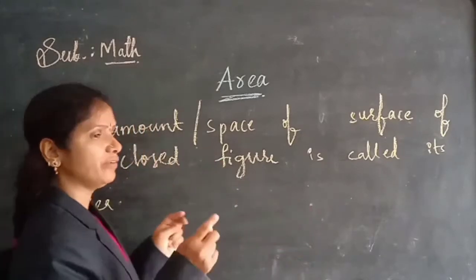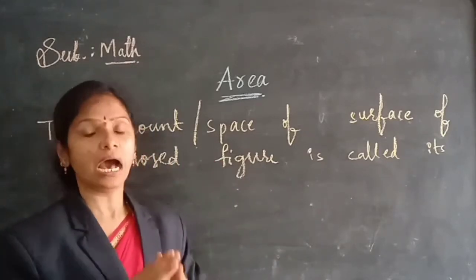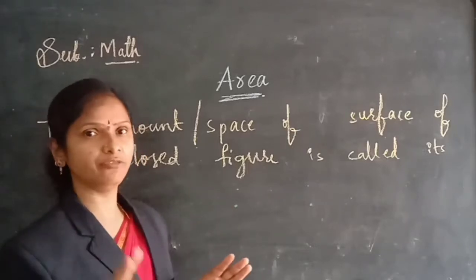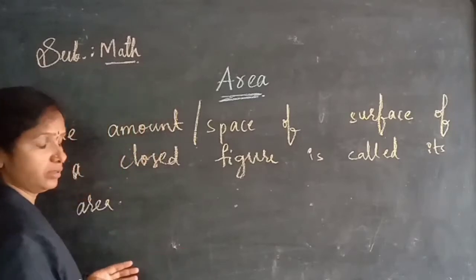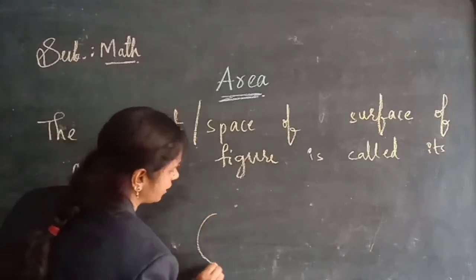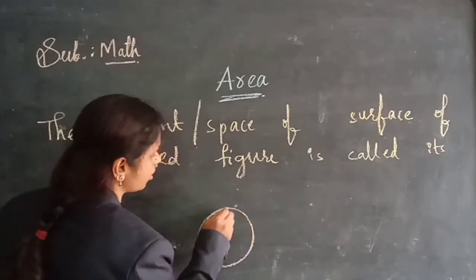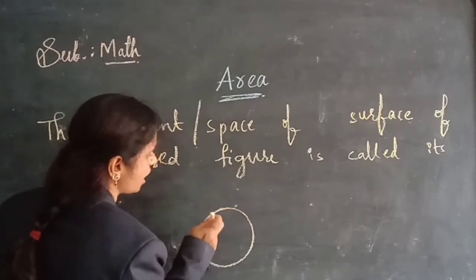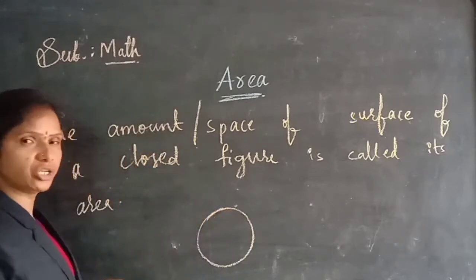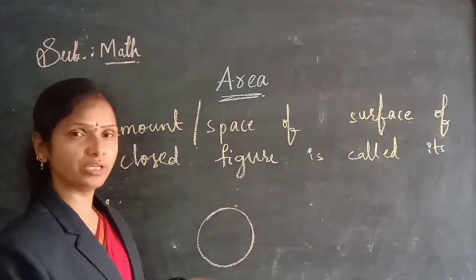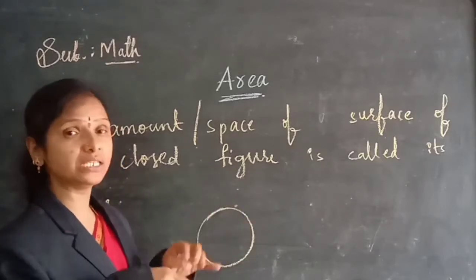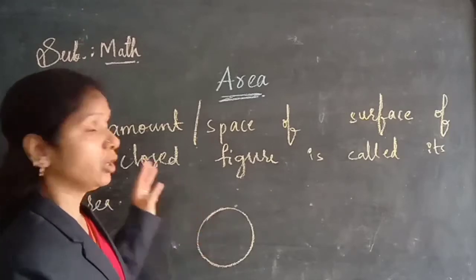Means whatever object or surface we are taking, a plane shape, children, a 2D shape. For example, circle, rectangle, all of that are there, no? 2D shapes or 3D shapes. So whatever the space is occupied by the closed figure.